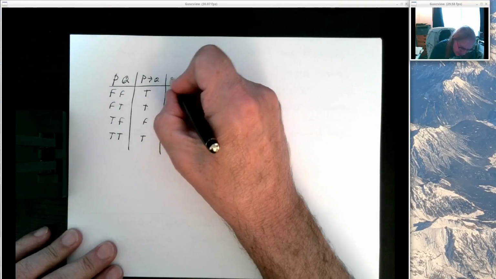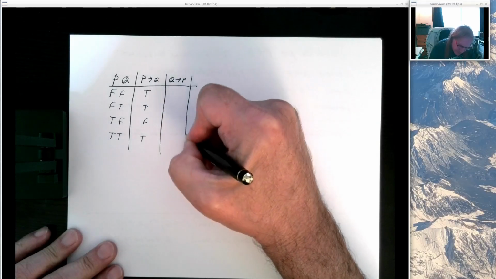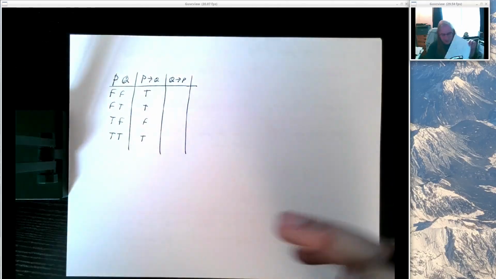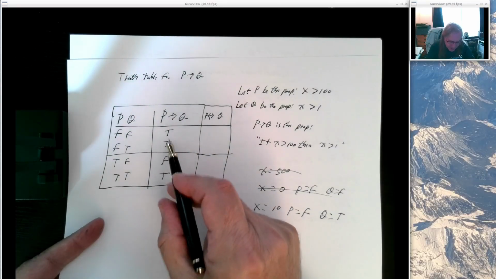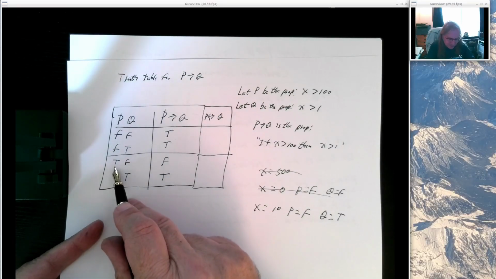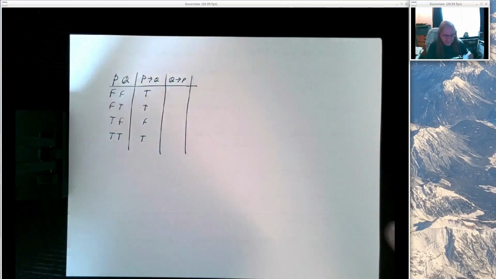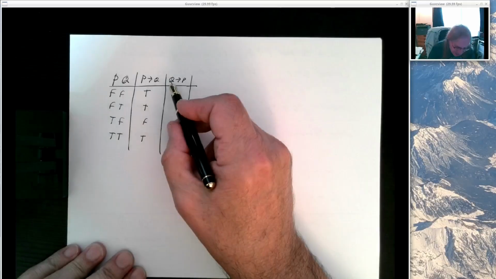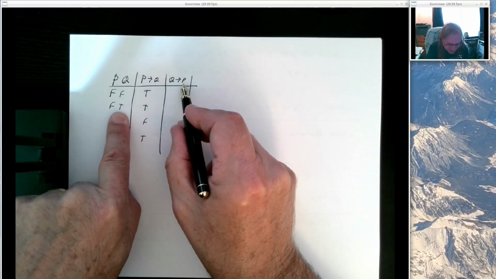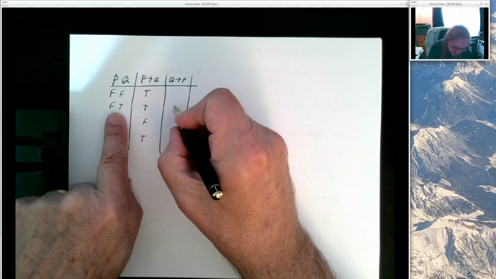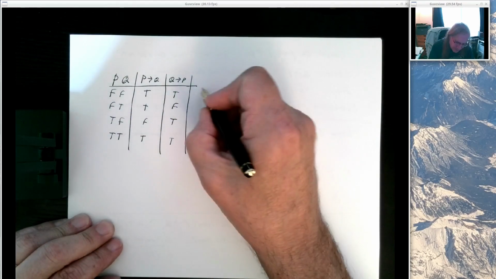And now I'm going to make a second column for if Q then P. Well, if Q then P, remember it's going to be true except when the hypothesis is true and the conclusion is false. So the hypothesis is Q. If that is true and the conclusion P is false, then this conditional is false, and in all other cases it's true.